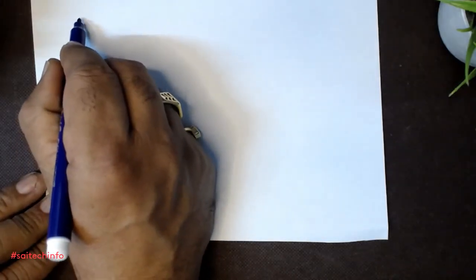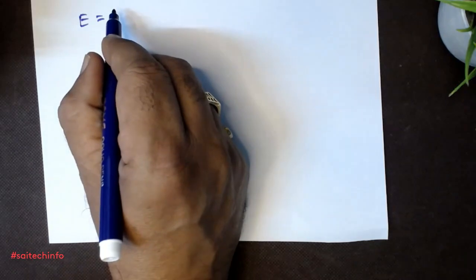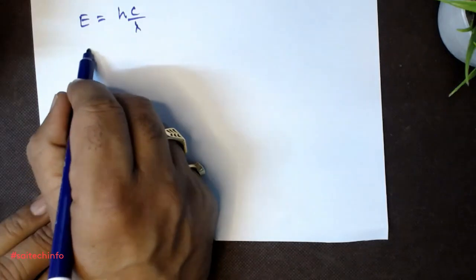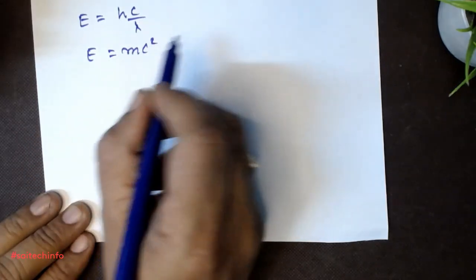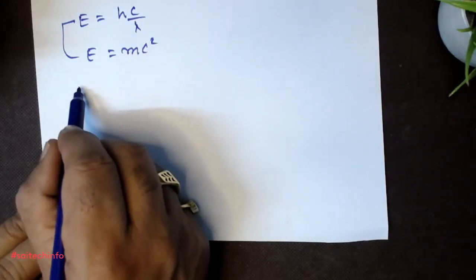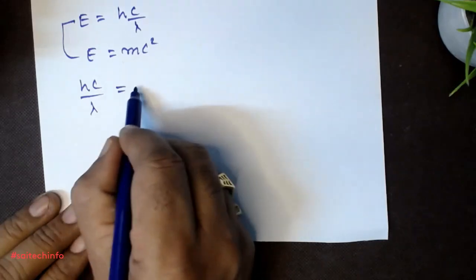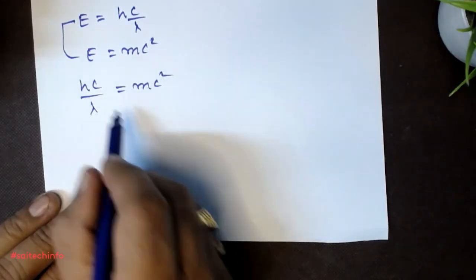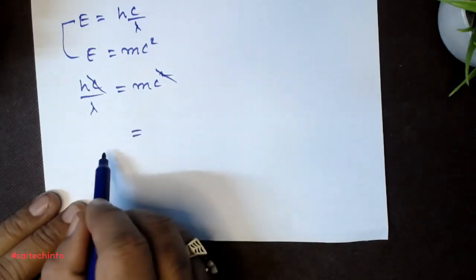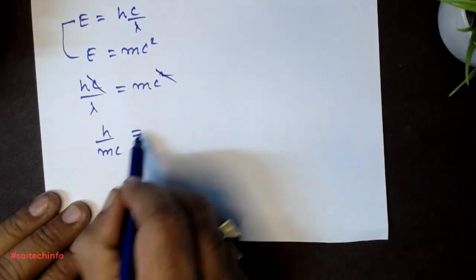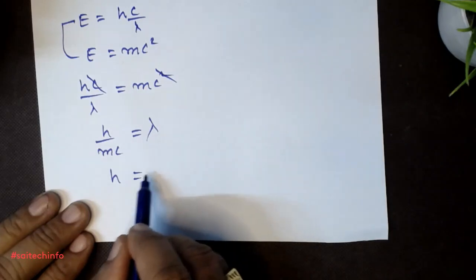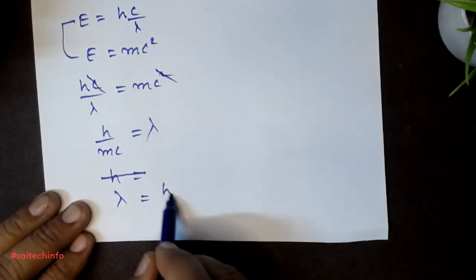So E is equal to hc by lambda, another equation E is equal to mc squared. The left hand sides are equal, so the right hand sides can be equated, and therefore hc by lambda is equal to mc squared. So c can be cancelled, and therefore you can write lambda is equal to h by mc.